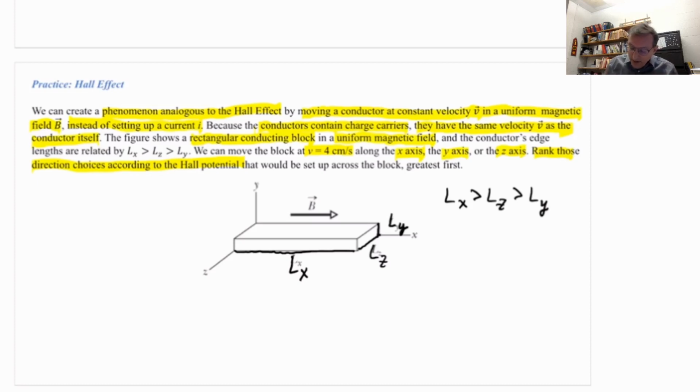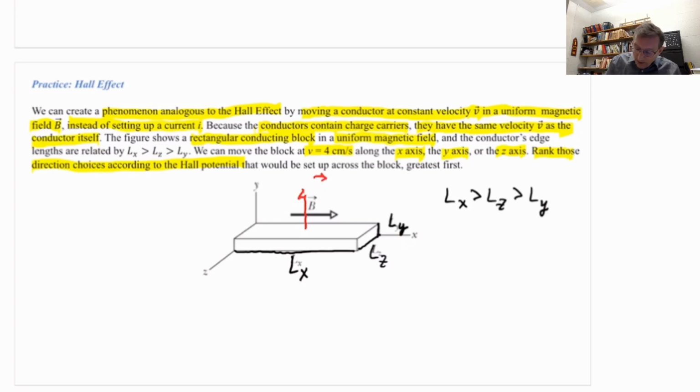So for example, if I were to move this block along the x direction, see where the x-axis is? That means the v of the block is that way. Or if I were to move the block along the y direction, that means the v of the block as a whole is that way.